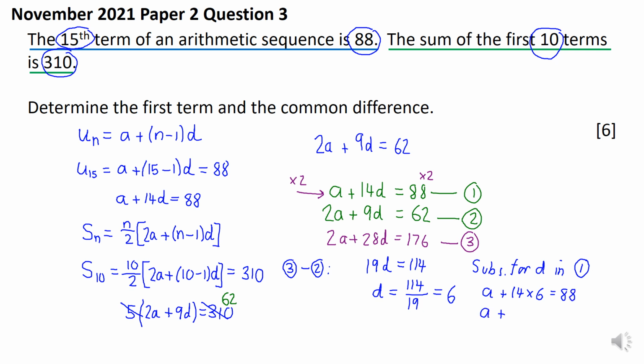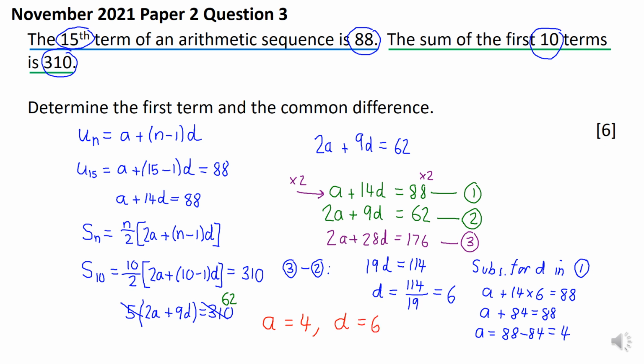Simplifying, a plus 14 times 6, that's 84. 84 equals 88. And so a equals 88 minus 84, leaving us with 4. And so we've completed the question. So we get the final answer, which is that the first term a is 4 and the common difference d is 6.